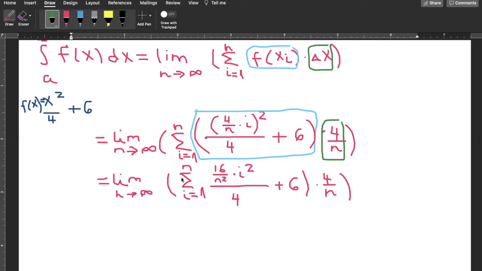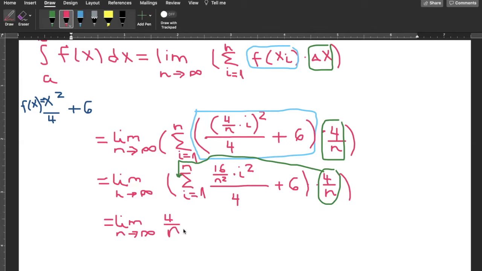Because that 4 over n doesn't have any i in it, it can come all the way up in front of the sum, but not in front of the limit. So this would become the limit as n approaches infinity, then we can put the 4 over n.